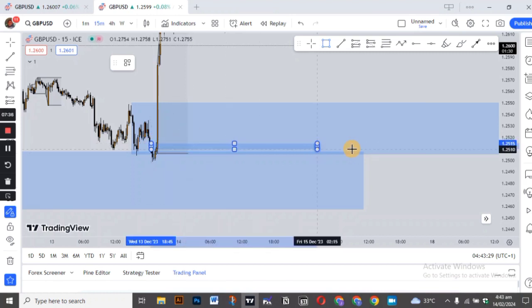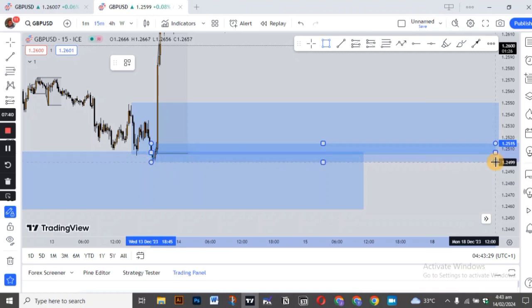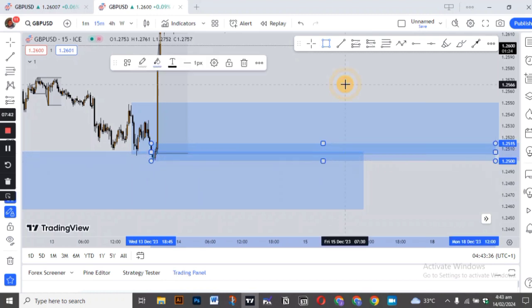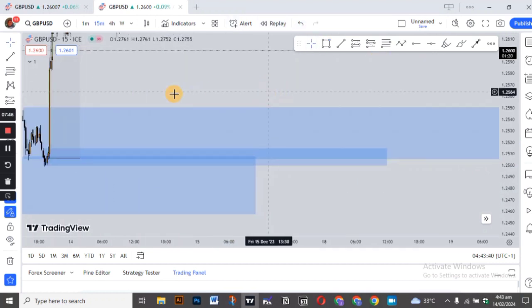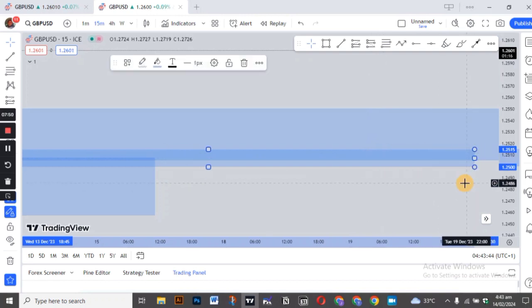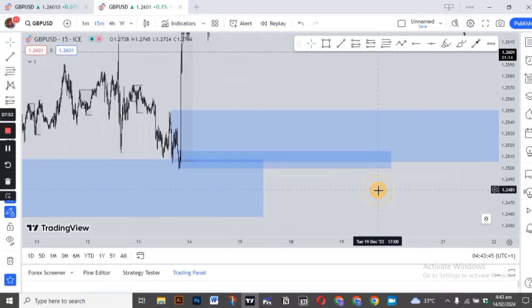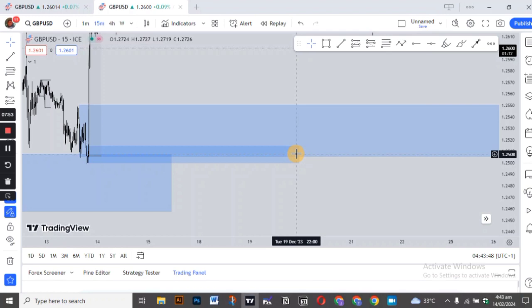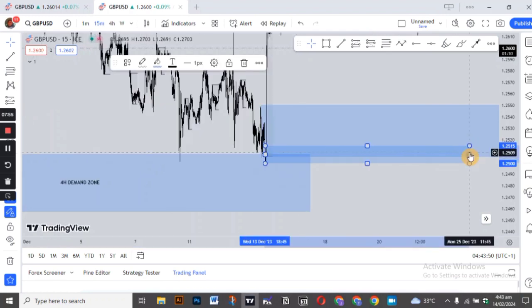And take note, sometimes price might not get to this 15-minute zone, so you'll be expecting to create a range, an area where when price get there you start buying already, in case price didn't get to this final part. I hope you understand that.